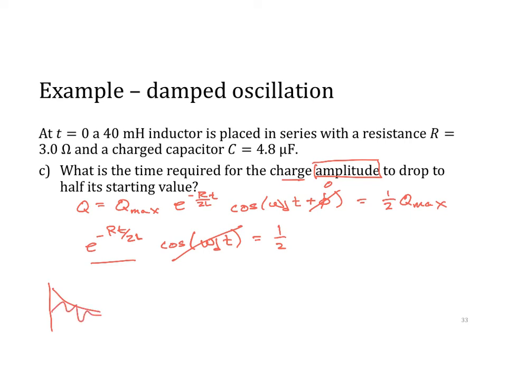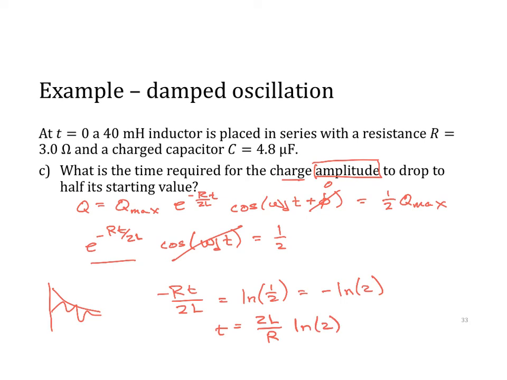So again, we've got our t that we're trying to find that's up in the exponential, so we want to take a natural log and rearrange things. So we're going to take a natural log and have negative RT over 2L, natural log of 1/2, which is the same as saying the natural log of 2 with a negative sign. So we're going to say that t, and these negative signs cancel each other out, looks like that.